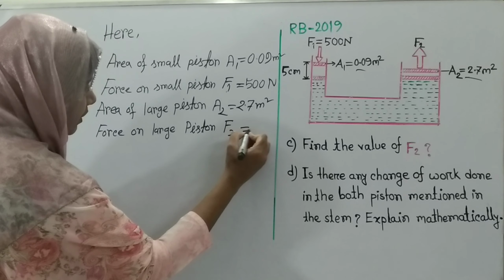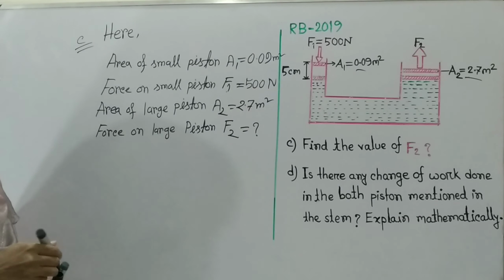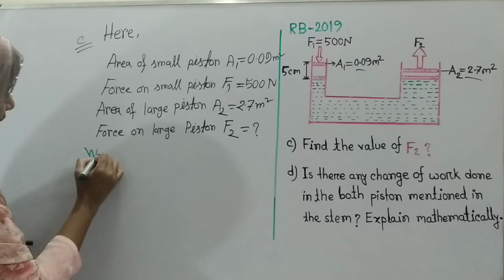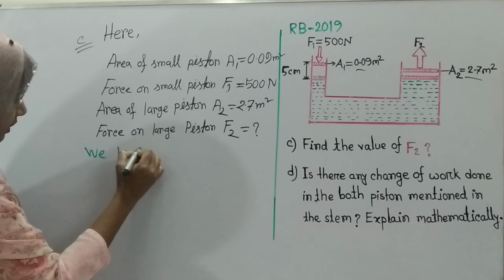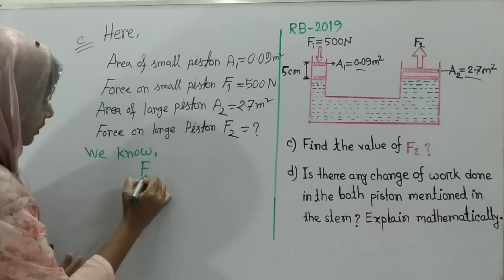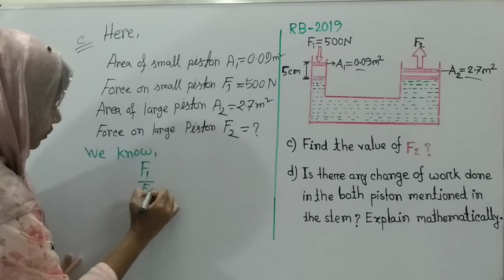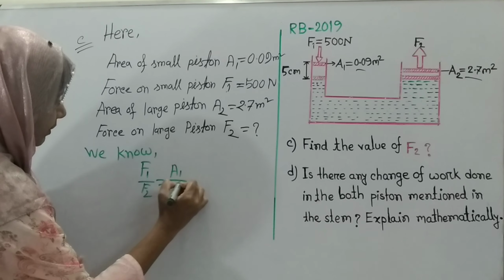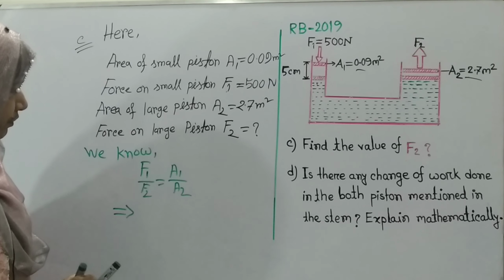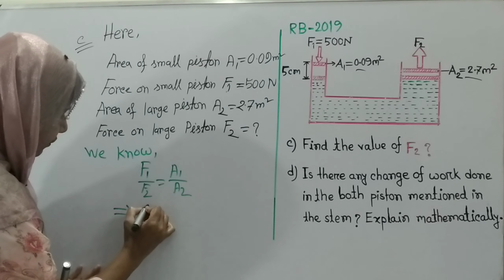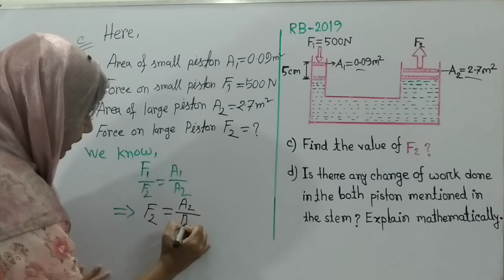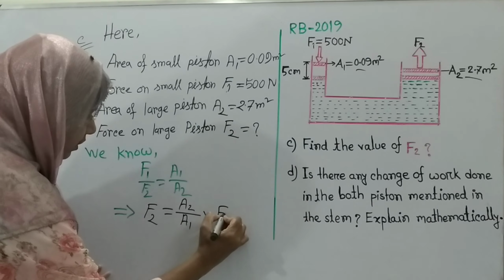F2 equals what? Now you know the equation to calculate the upward force on a piston is F1 by F2 equals A1 by A2. Now we can write that F2 equals A2 by A1 into F1.